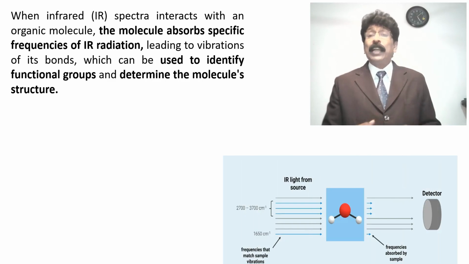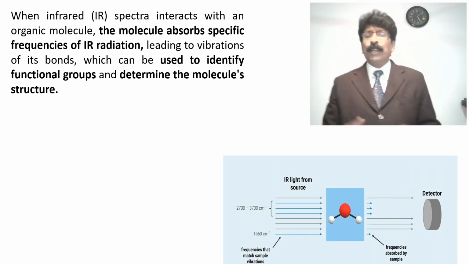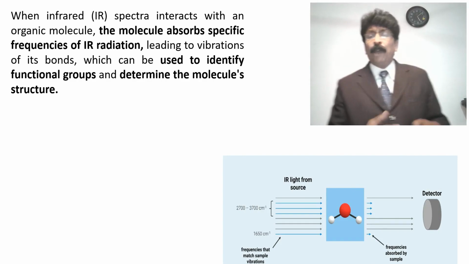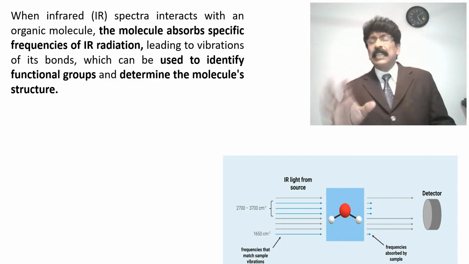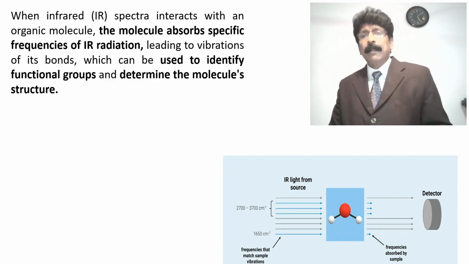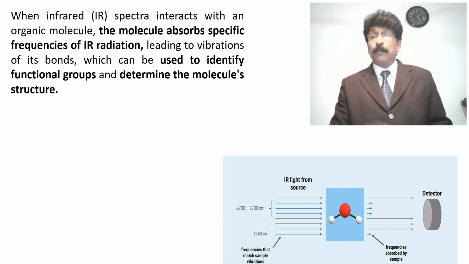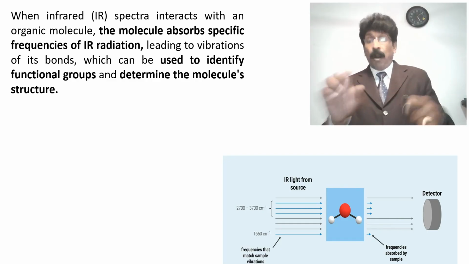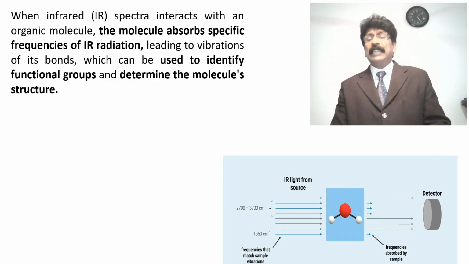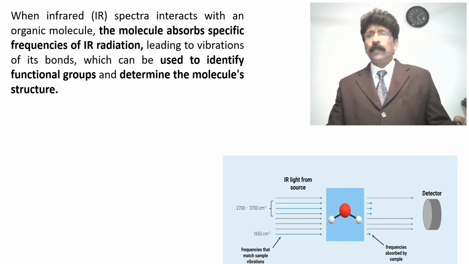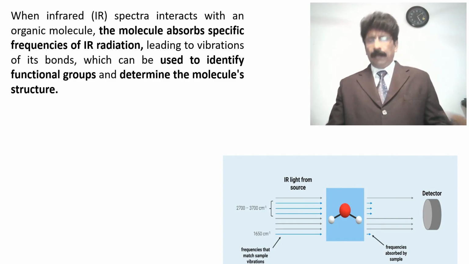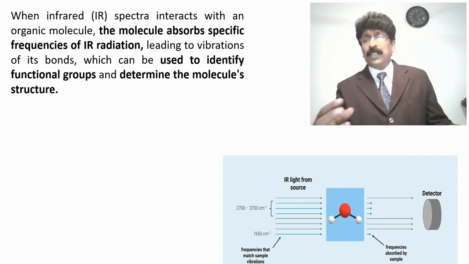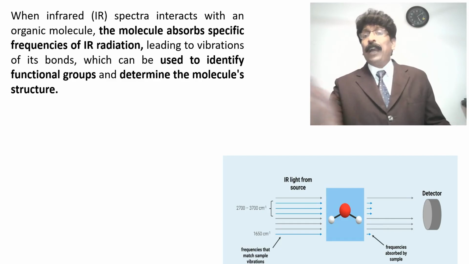You can see this picture just to give an idea. When IR light from a source falls on the object, just a molecule, a design like the models the teacher might have shown in smaller classes, this bond, a single bond, say carbon with two hydrogens, the frequency of absorption of the sample will be identified by the detector you are using.